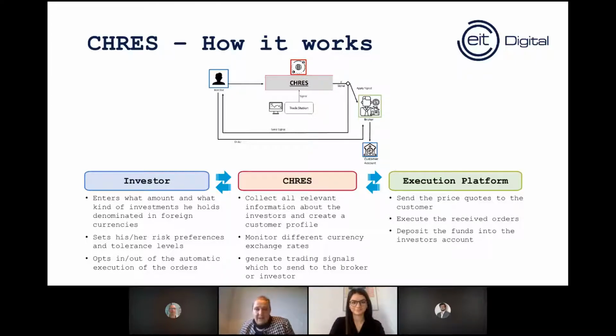So the CHRES platform will collect all the relevant information about the investments and create a customer profile. It will monitor the currency exchange rates automatically in real time, and the models that are running in our TradeStation platform will generate trading signals as soon as changes in the trends are detected, and as soon as any intervention in the form of buying or selling is needed.